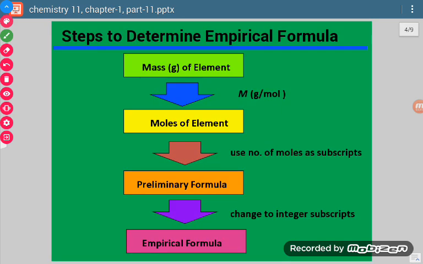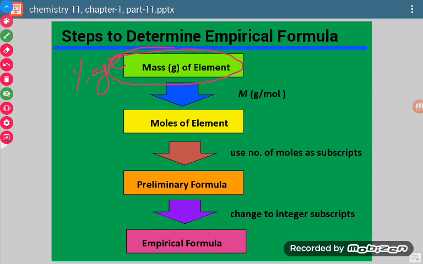Now what are the different steps in which we can calculate the empirical formula? First of all, we will talk about empirical formula. Now see, in our questions we may be given either the mass of the element or the percentage.